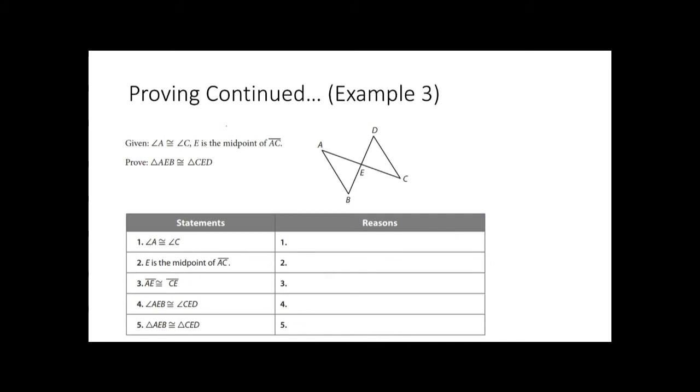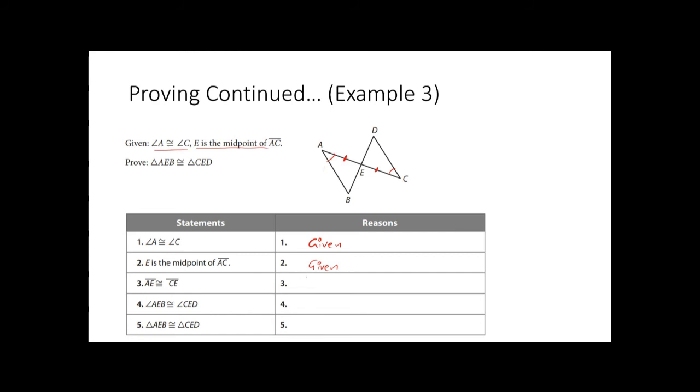All right, proving continued. So they give us that angle A and angle C are congruent. So I'm going to mark them. There we go. And that was given. How nice of them. And then E is the midpoint of AC. So that was given as well. That means that this side has to be the same distance as EC, because this is supposed to be the midpoint.